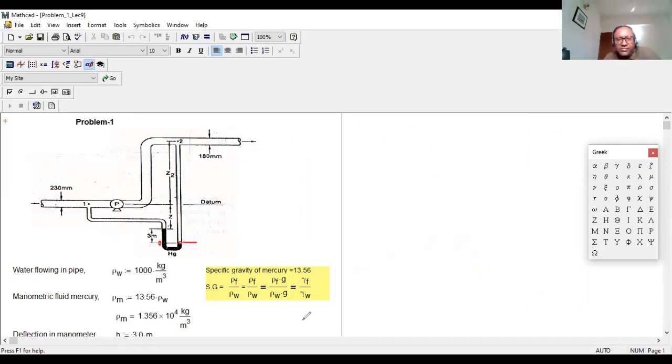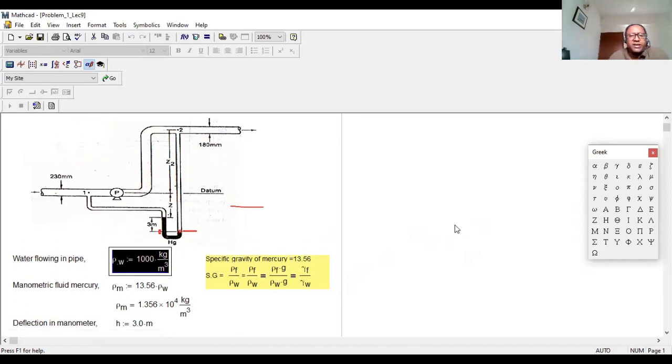Yes, sir. Okay. So at first you draw the figure. This is our datum, that means reference line. Then figure out how many data are given. Density of water 1000 kg per meter cube. In the manometric fluid, mercury, Hg mentioned, this manometric fluid has a specific gravity of mercury 13.56.